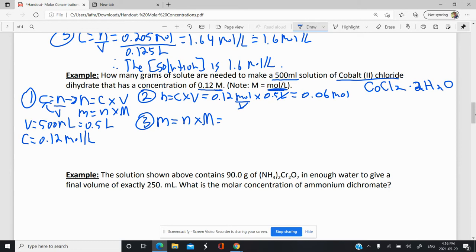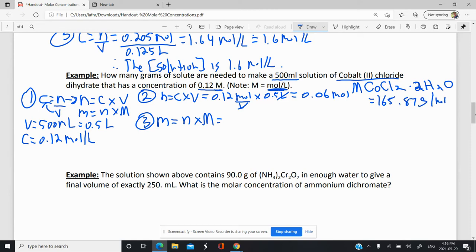So molar mass of that is equal to, there are two waters, so 18.02 times 2, plus chlorine, 35.45 times 2 because there are two of them, plus cobalt is 58.93. And I get 165.87 grams per mole.